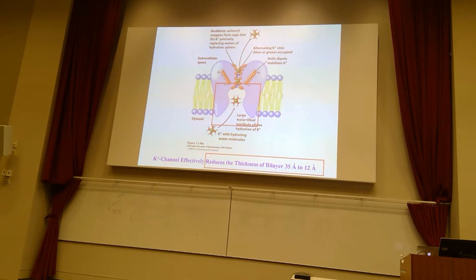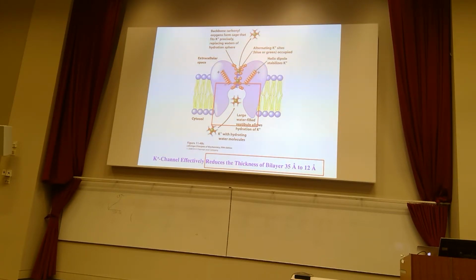So in this case you see a potassium ion on the intracellular side come into the kind of antechamber of this protein, and then it begins to hit this pore that's sitting within the potassium channel. The water molecules that are surrounding the potassium need to be stripped off, and the bare naked potassium ion is able to go through that pore.